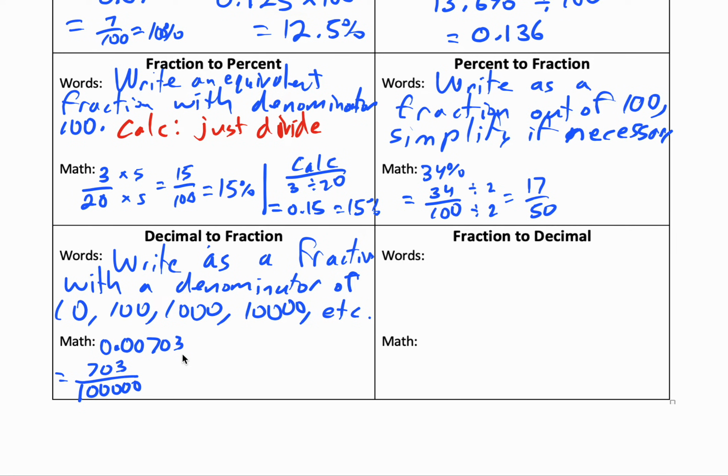The number of decimal places equals the number of zeros here. Okay, maybe I'll just illustrate that. There's 5 decimal places, and there's 5 zeros.